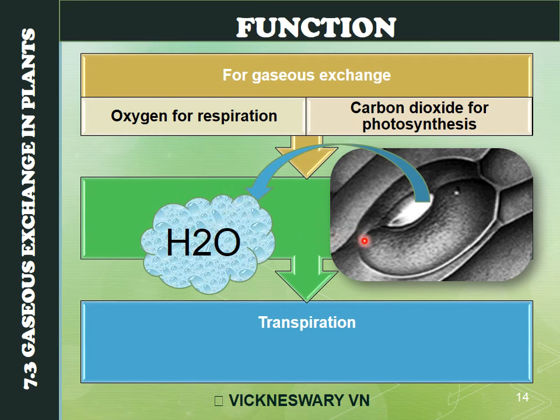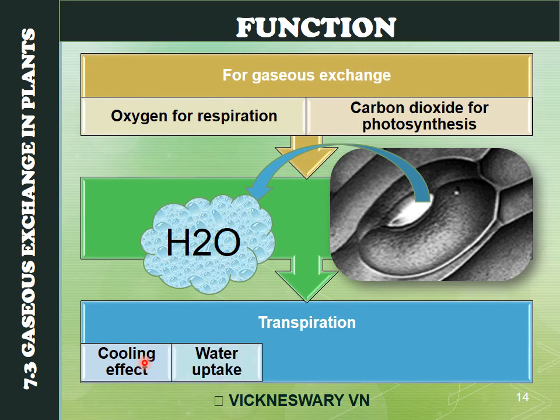The process of transpiration is important to function as a method of cooling the plant, as well as to enable water transport from root to leaf. Along with that, minerals also are transported up the plant.